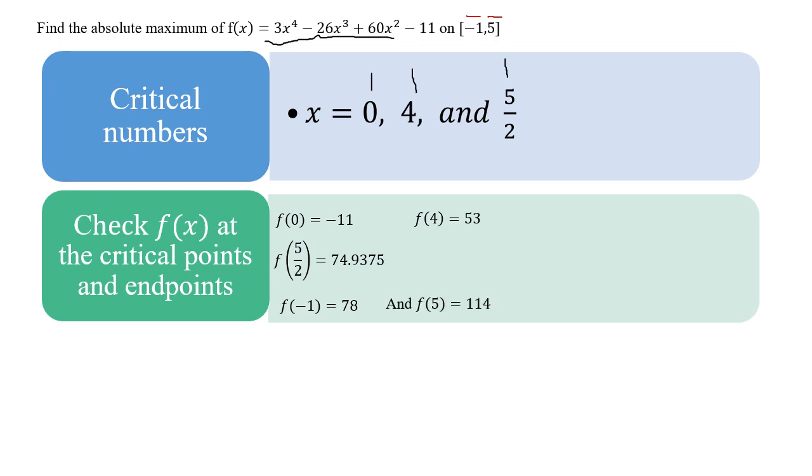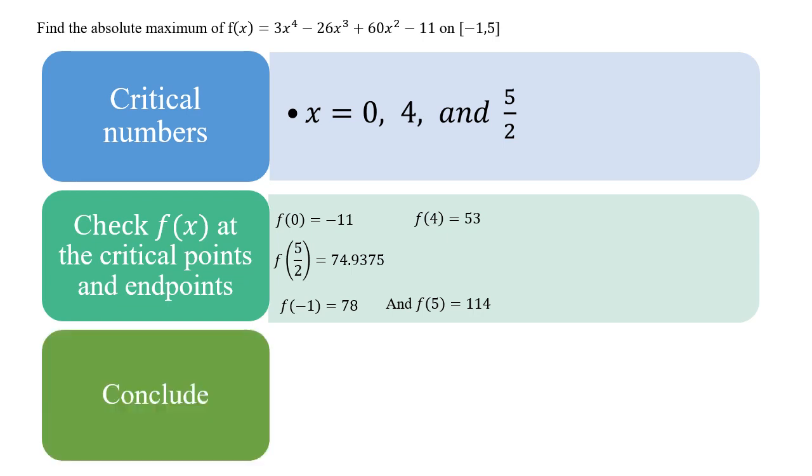And if you plug x equals 5 into your function, f of 5 is 114. So the only thing I did here is to plug in the critical numbers, which were 0, 4, and 5/2, as well as the endpoints, which are x equals -1 and x equals 5, into the function.